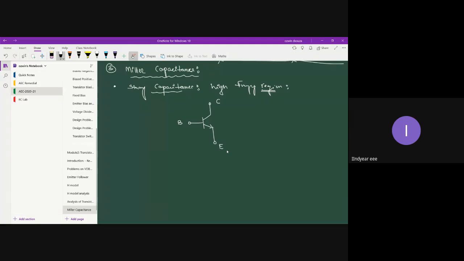Now, this is our transistor symbol. It's a 3-terminal device. You have 3 terminals: base, collector, and emitter. And when we connect it in a circuit for common emitter configuration, we ground the emitter terminal.